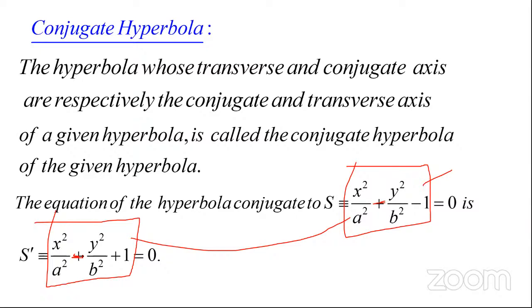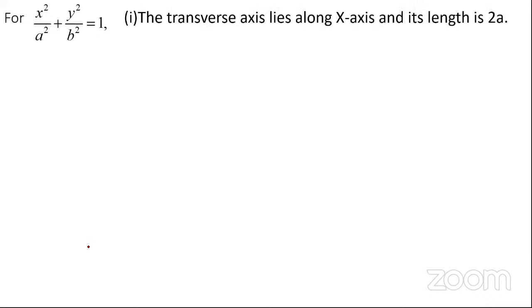The conjugate to this hyperbola is S dash: x square by a square minus y square by b square plus 1 equal to 0. Students, please check the signs.